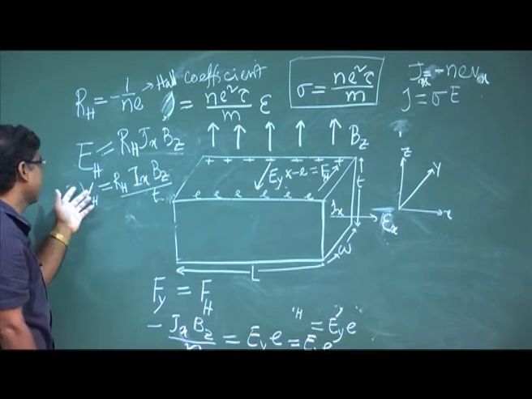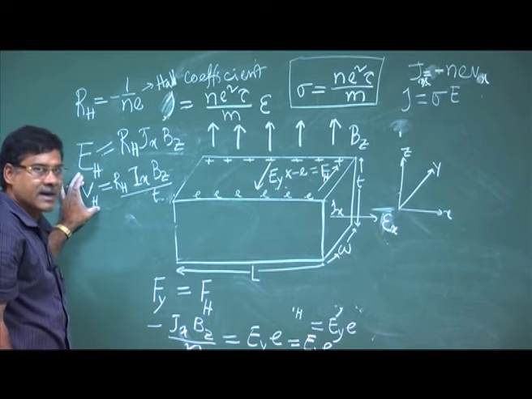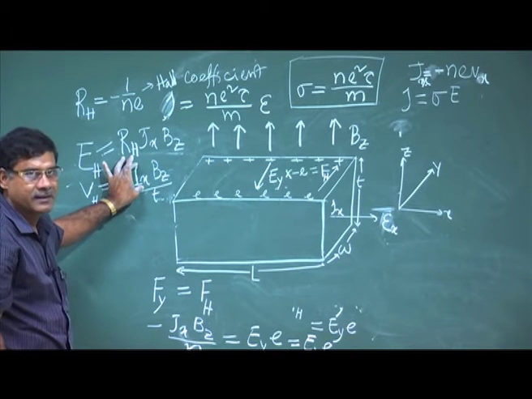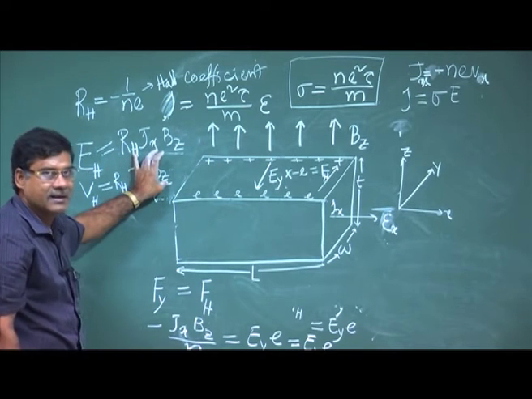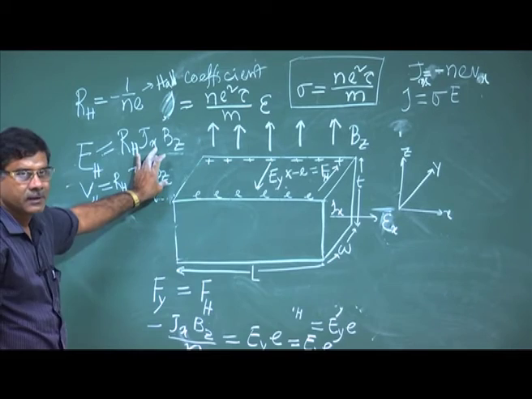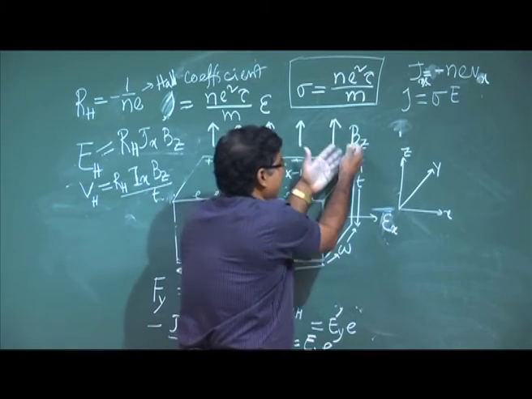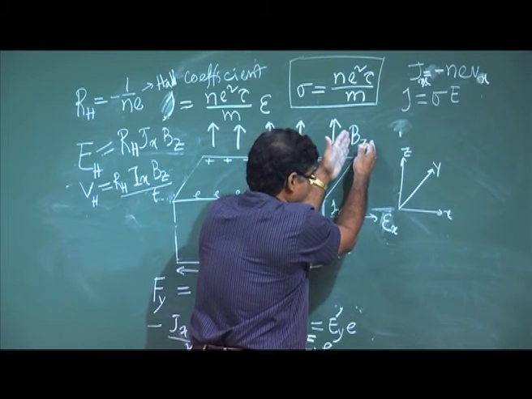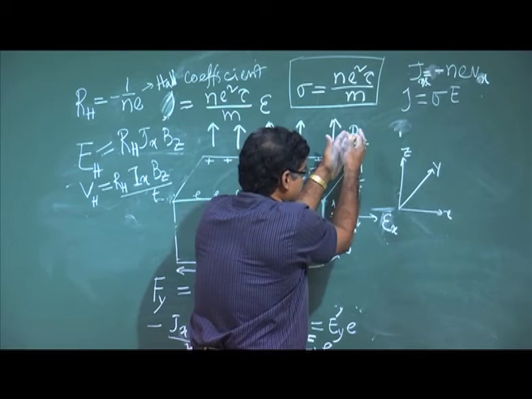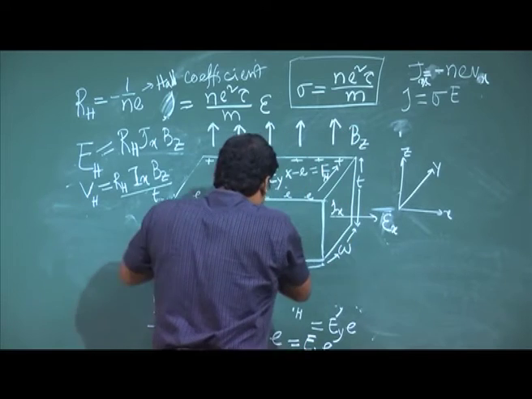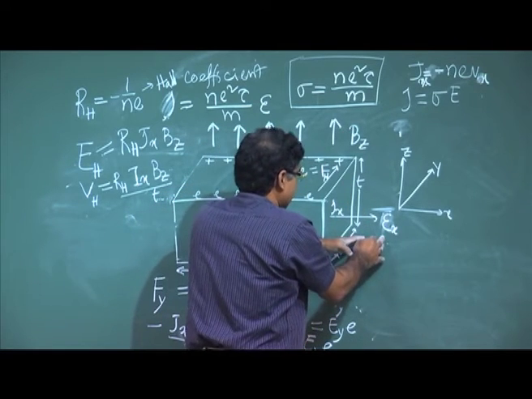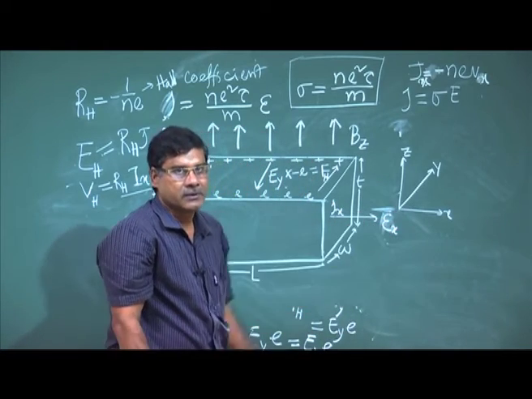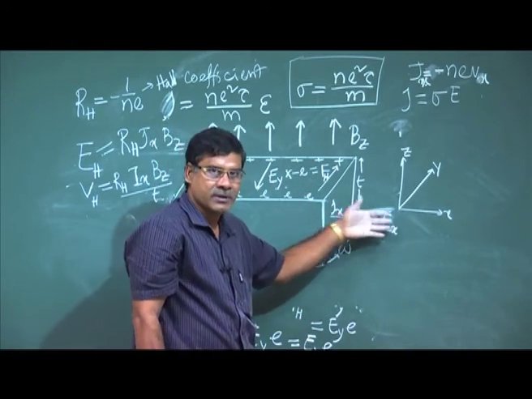So, I can get V h directly, I x I can get directly, B z I can get directly, because I have applied a constant magnetic field and I know its magnitude. I have applied a constant current I x, and from the ammeter I can know what current is flowing through this.